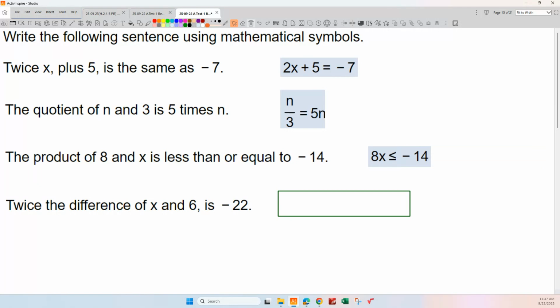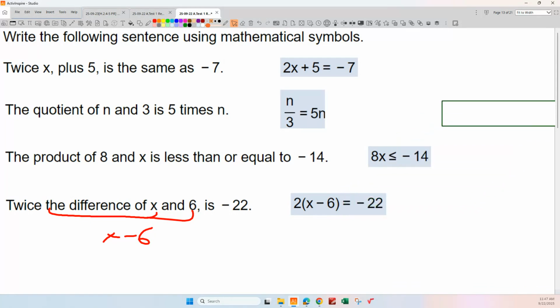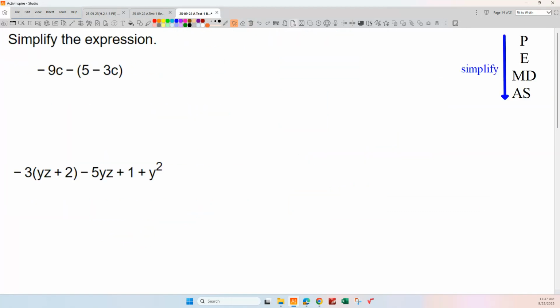Well, how do I say the difference of x and 6? How do I say twice that whole thing? There you go. So I'd need 2 times the quantity x minus 6 is, so equals negative 22. Good. Okay. So we're just doing some simplifying. Now I want to point something out here. Am I going to end up with a number answer on this one? Thumbs up or down?